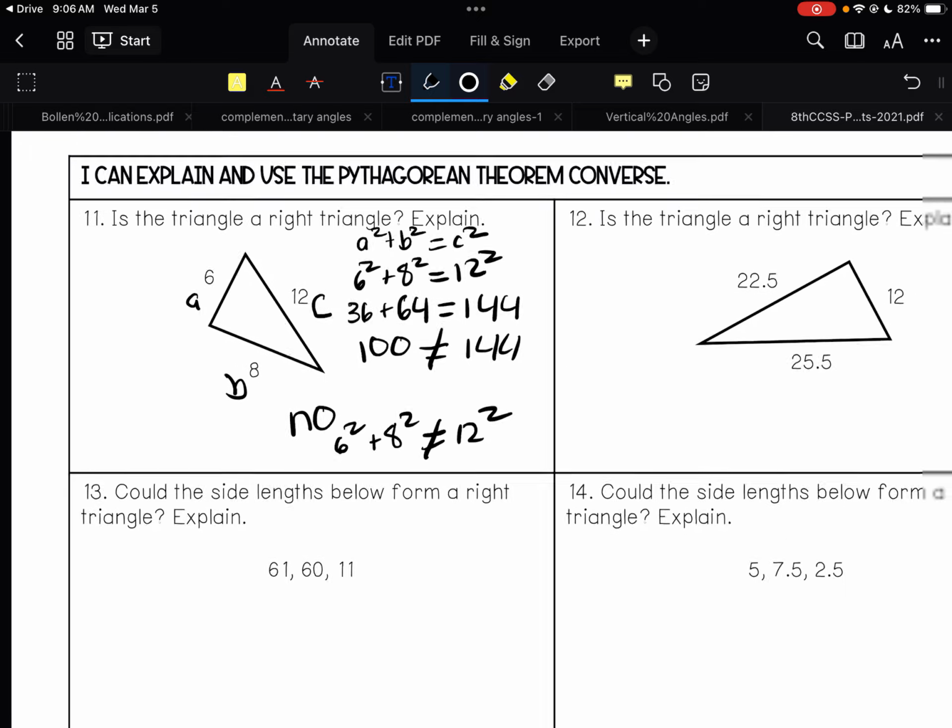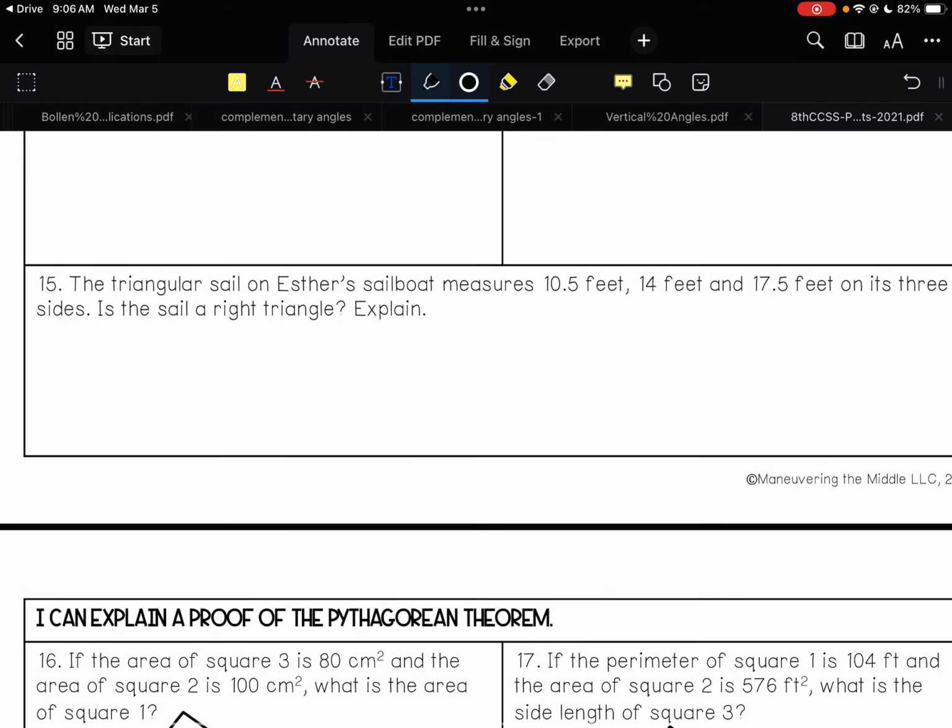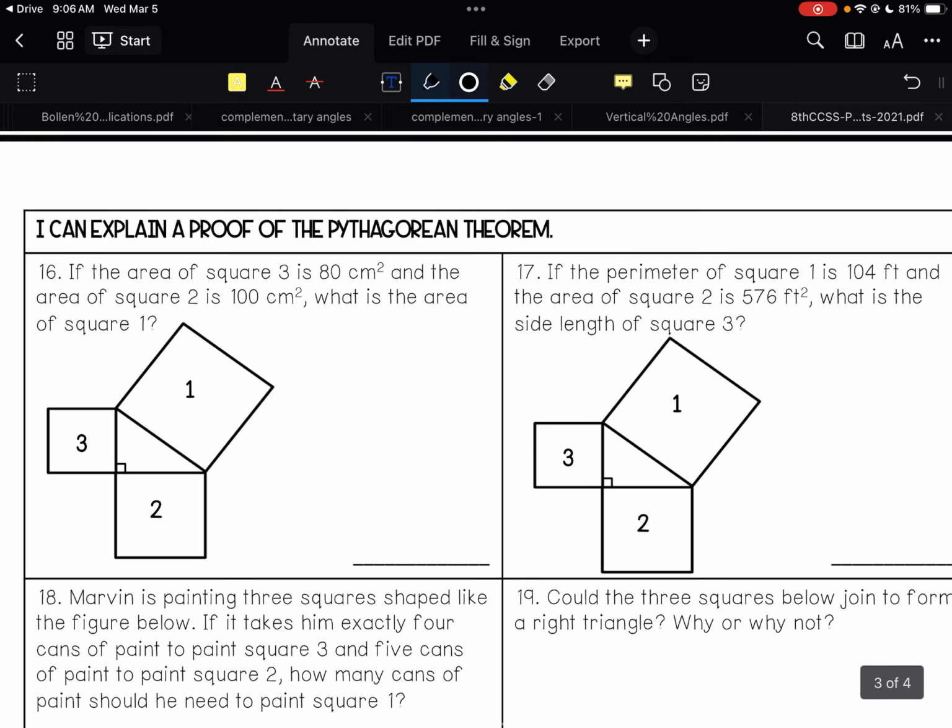And you would do that for all of these. I can explain a proof of the Pythagorean theorem, which is just kind of, you're hitting it in the middle of a step.